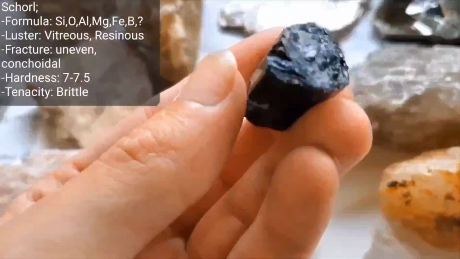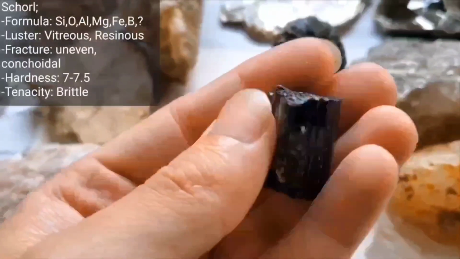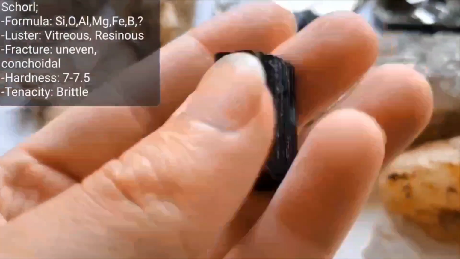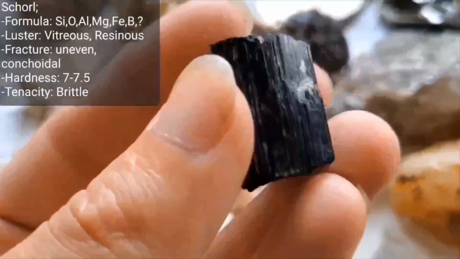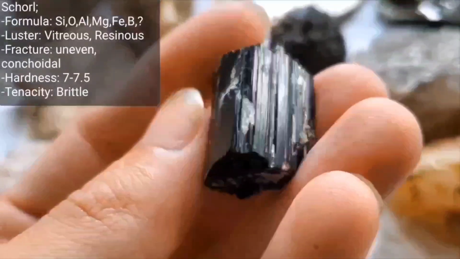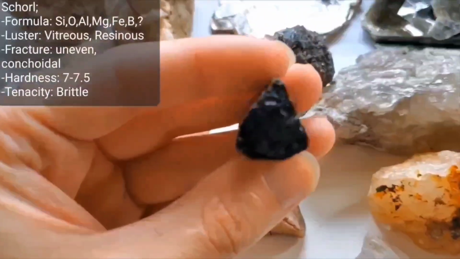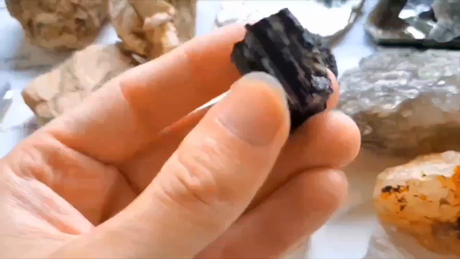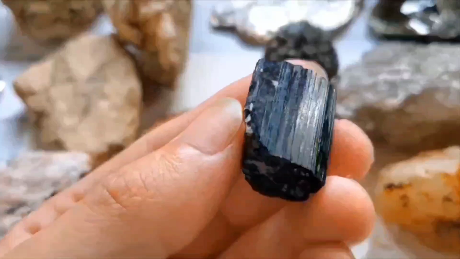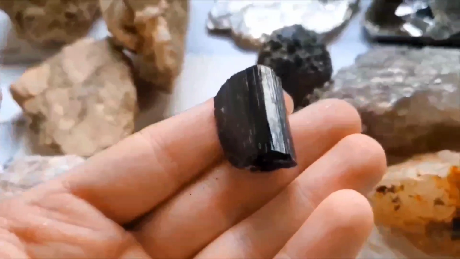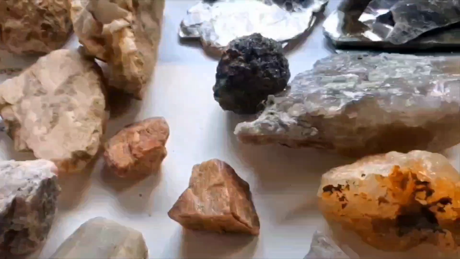But the most notable mineral would be boron. Very jet black. It's got a shiny, dull luster. Triangular kind of shape. The color is black. It's got a decent density to it.